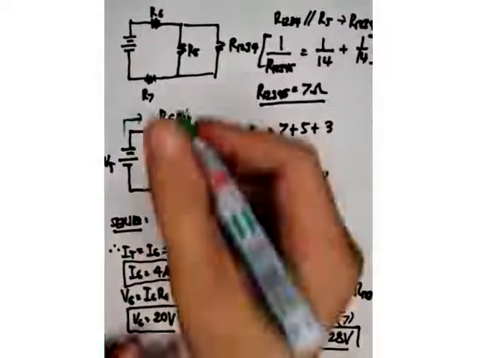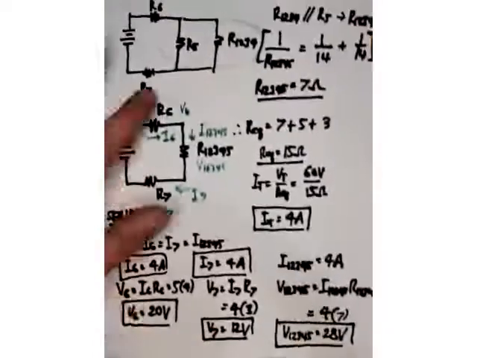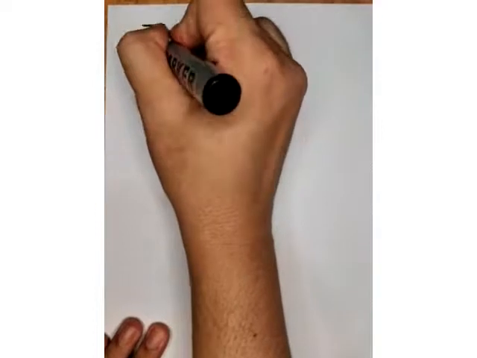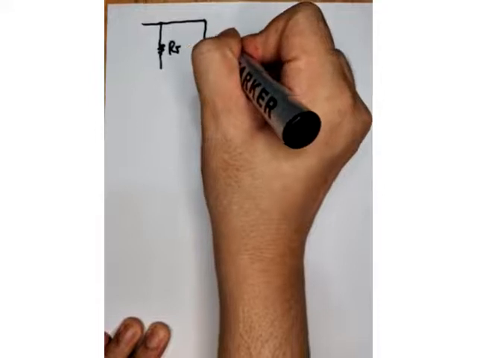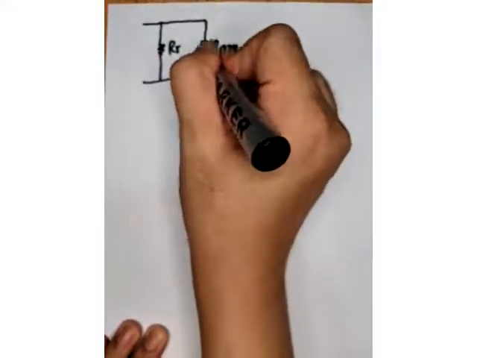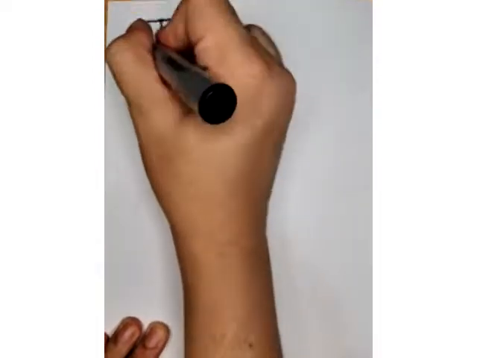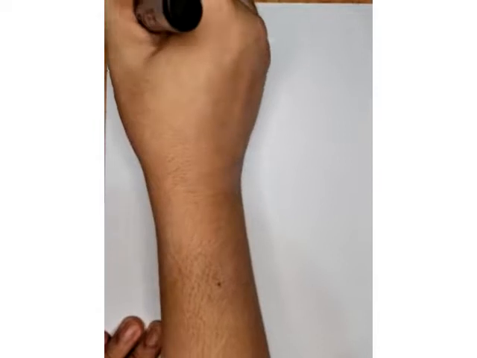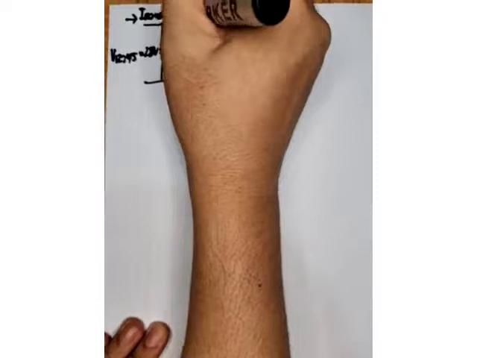Now let's go back to this figure. What kind of combination is that? That is a parallel. So it is a parallel combination of R5 and R1234. If I draw that in parallel, R5 and R1234. We got V12345, which is 28 volts, and our I12345 is 4 amperes.